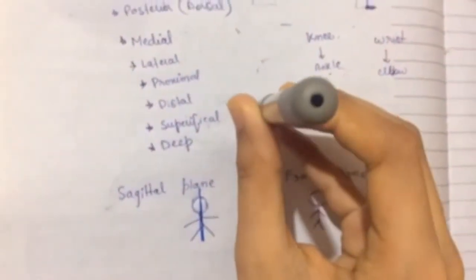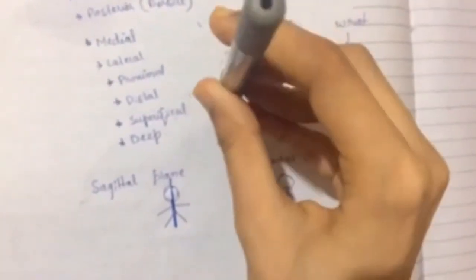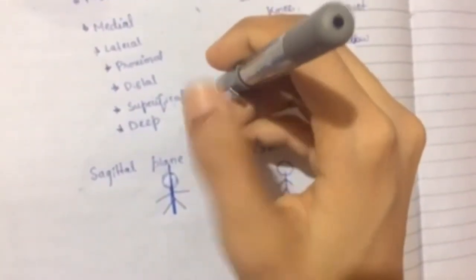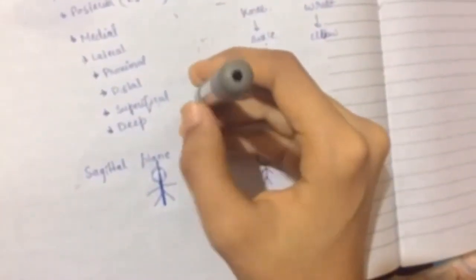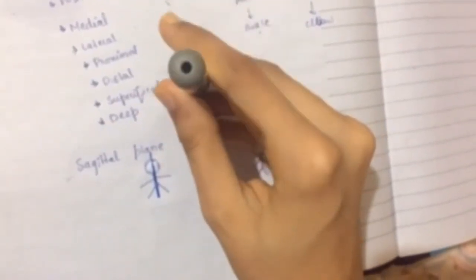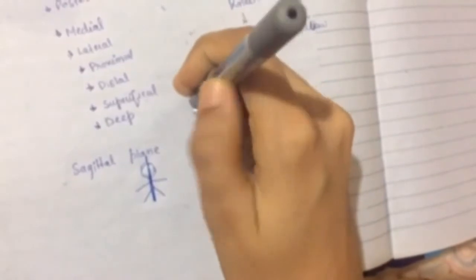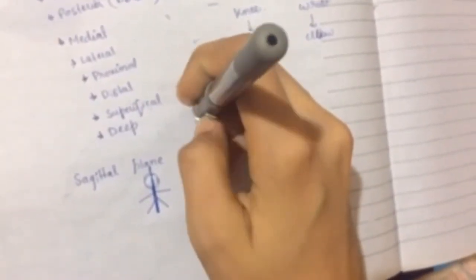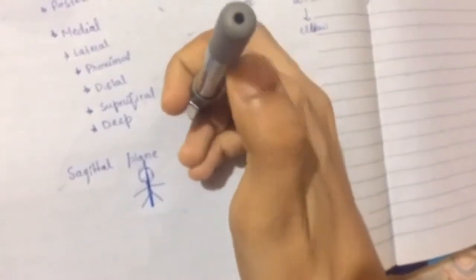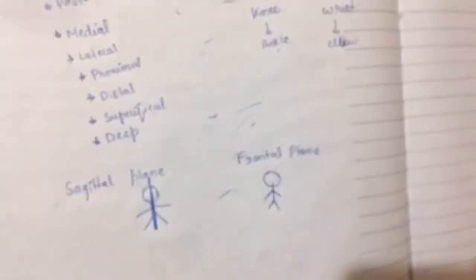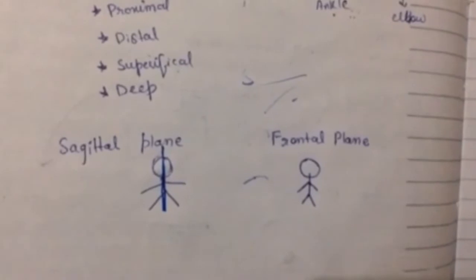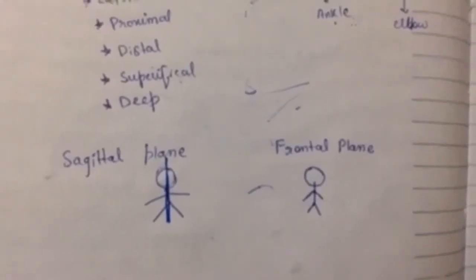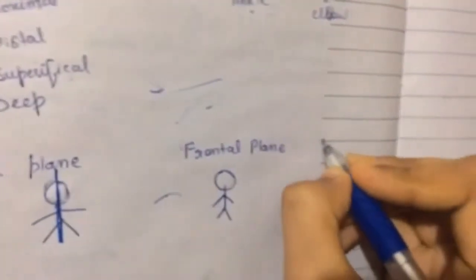This is the person's anterior surface and this is the posterior surface, the front and back sides; front is anterior and back is posterior. If we divide the body into front and back parts of equal mass, this is called the frontal plane. If we stand like that and divide from the middle, the face is in front and the back of the head is at the back.